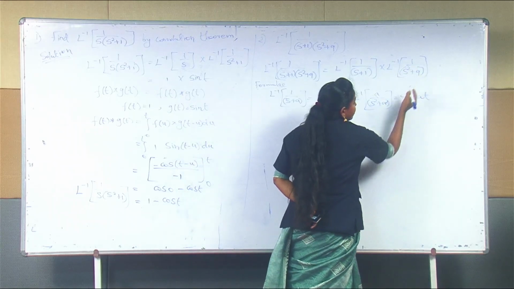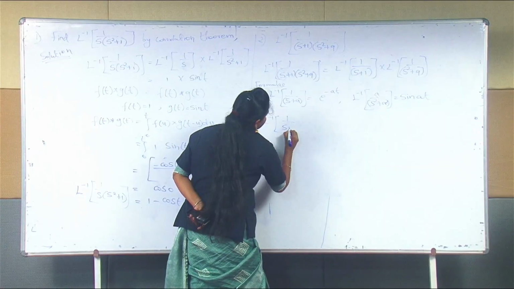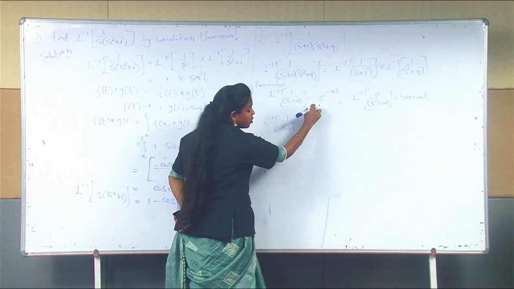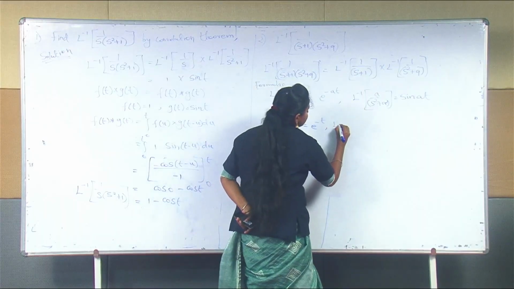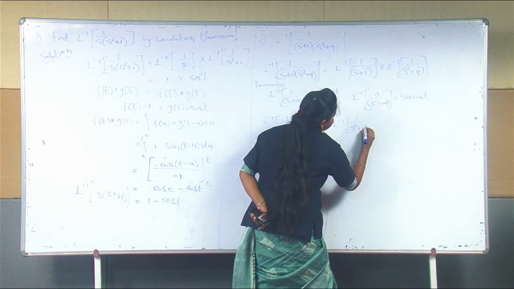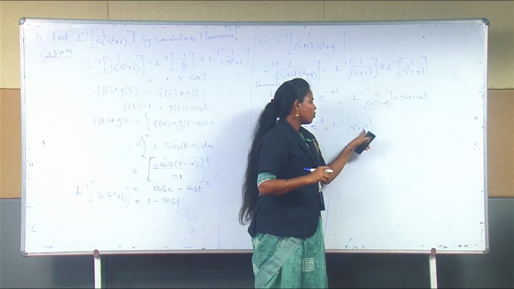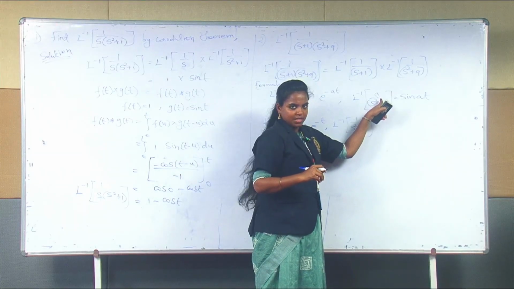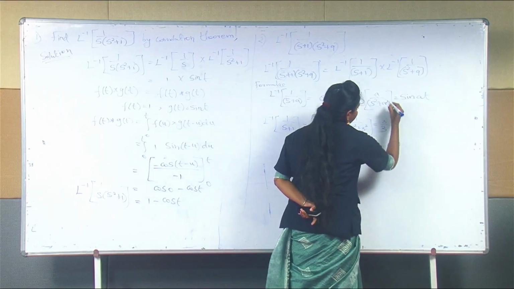Here we can write it as L inverse of 1 by s plus 1. By using this formula, it is e power minus t. By using L inverse of 1 by s square plus 3 square, by comparing these two formulas, what is missing here? 3 is missing here, right? So we are going to multiply and divide it by 3.